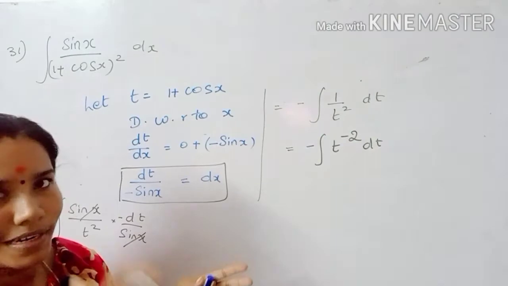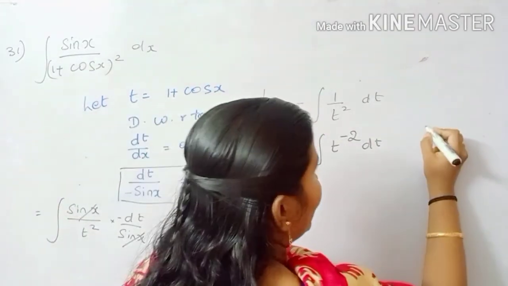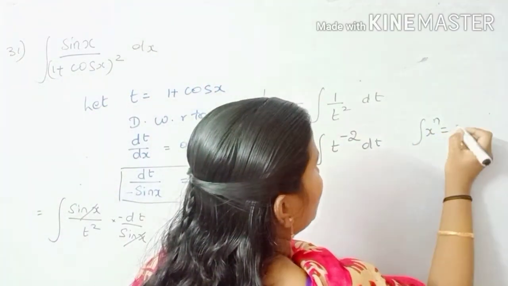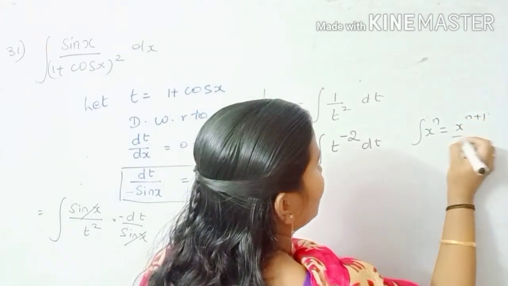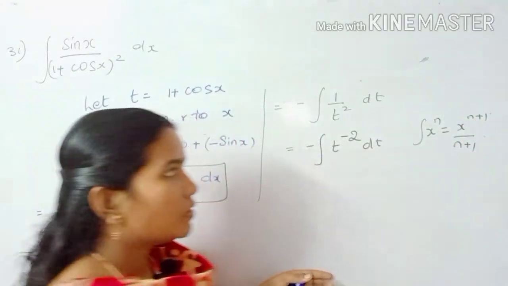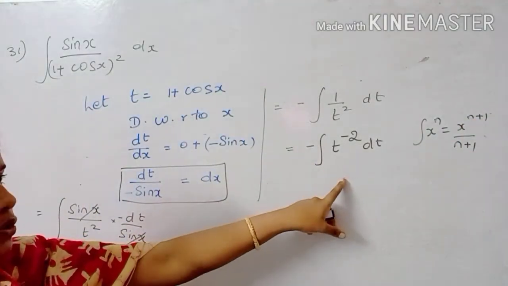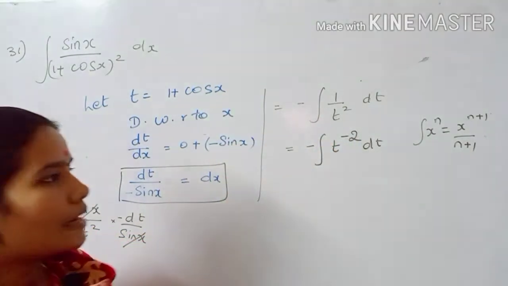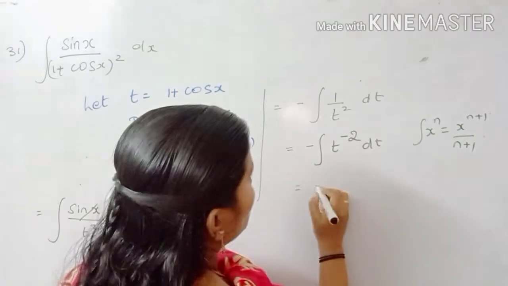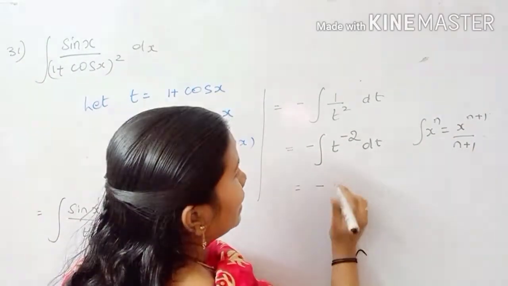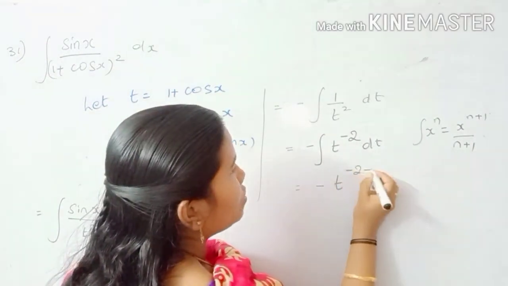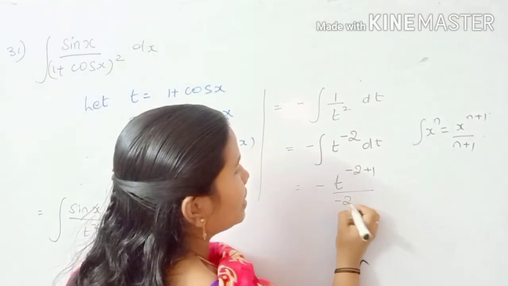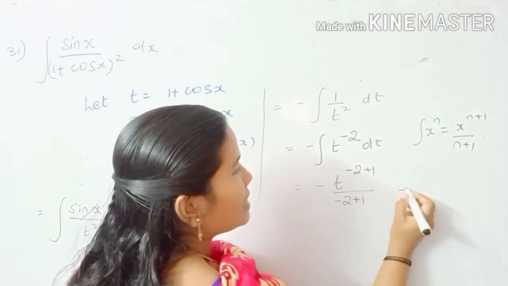Actually, what is the integral of x power n? Integral of x power n is equal to x power n plus 1 divided by n plus 1. That concept we are going to use. So t power minus 2: this is equal to minus t power minus 2 plus 1 divided by minus 2 plus 1, plus c.